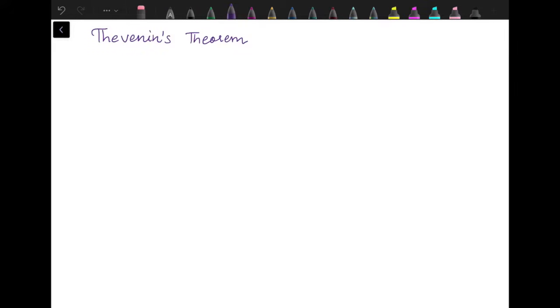The reason for that is many times we are interested in analyzing the response across a certain load. We are not interested in analyzing the whole circuit. We want to find out the current through a specific resistance, or the voltage across a certain resistance.